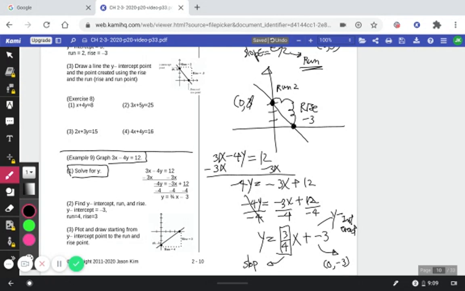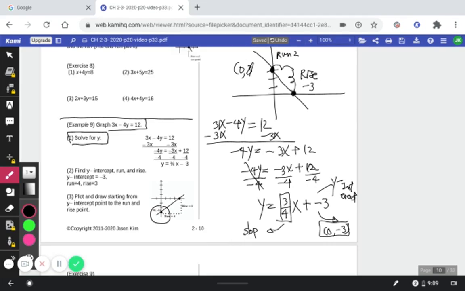So now how do you graph this? You start from the y-intercept (0, negative 3). So here it is, (0, negative 3). Okay. And then you run 4 times, because always the bottom one is run, and you rise 3 times.